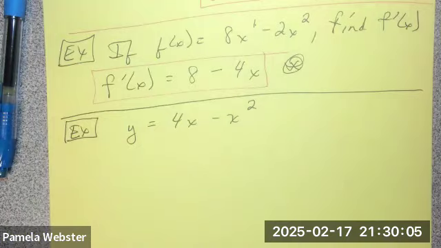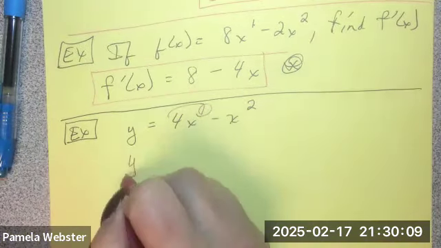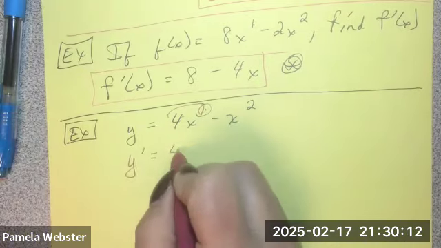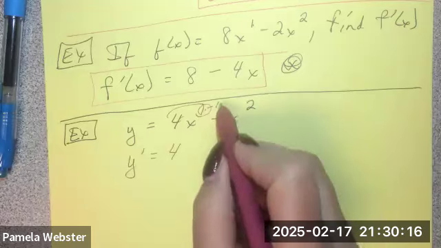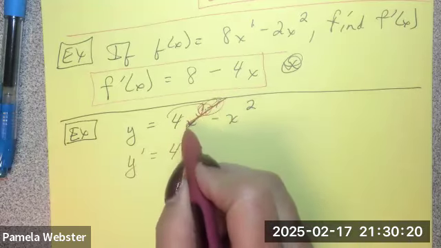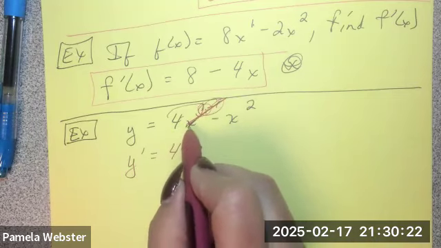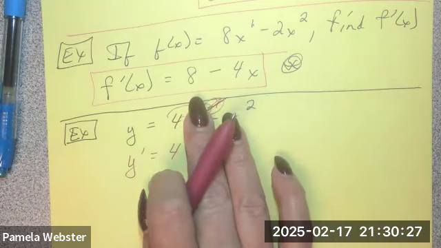Let's do this using our shortcut real quickly. This is a 1. So y prime equals 4 times 1 is, I'm sorry, 4 times 1 is 4. We're going to subtract 1. That becomes x to the 0. That goes away. You'll get used to seeing, oh, there's just a constant in front of x to the first. Basically, the x is going to drop out, and you just get the constant.